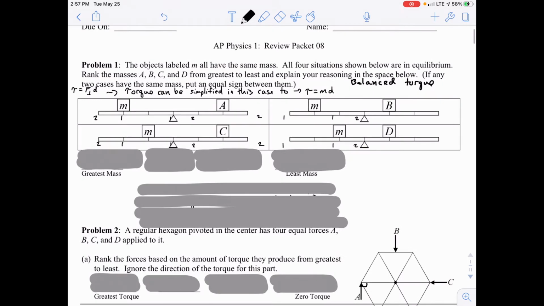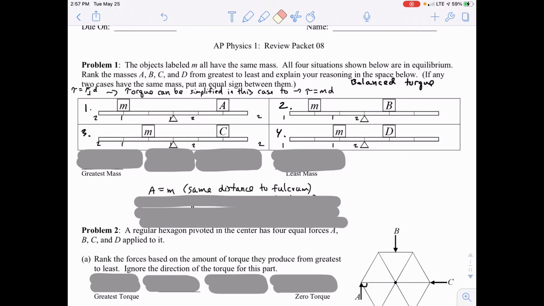If we look at case number 1, I'm going to number these cases so that we can have something to rank. Case number 1 has block A, case number 2 has block B, case number 3 has block C, and case number 4 has block D. Well, A equals M. If you look, A and M have the same distance, 2 units away from the fulcrum.